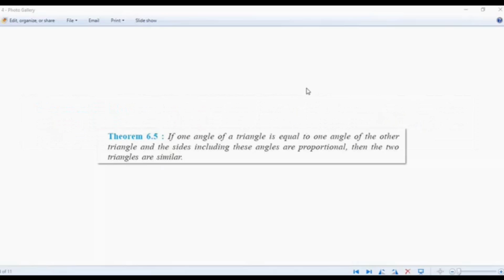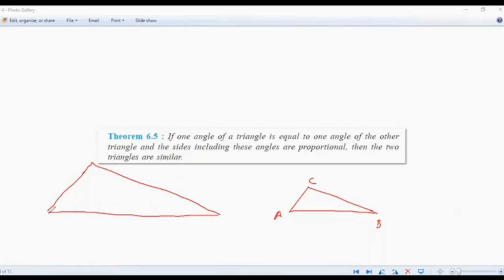Let me draw a picture here. Suppose the name is ABC, and there's some other triangle, some larger triangle, suppose the name is PQR. Here it is given that angle R is equal to angle C. And the sides, as said in the theorem, the sides including these angles are in proportion.